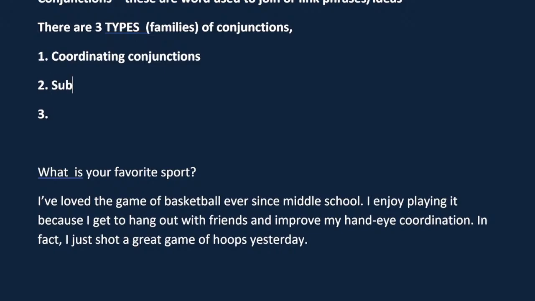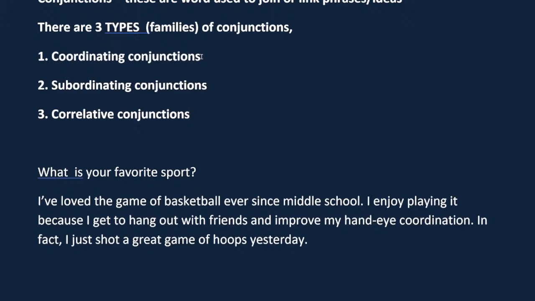So you've got the subordinating, and then you've got the correlative. Okay, for band 7 to 9, you really have to know these conjunctions, and you really have to be able to use them in your speaking and in your writing, okay?